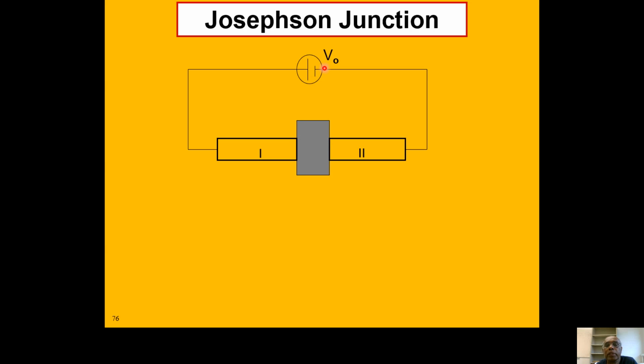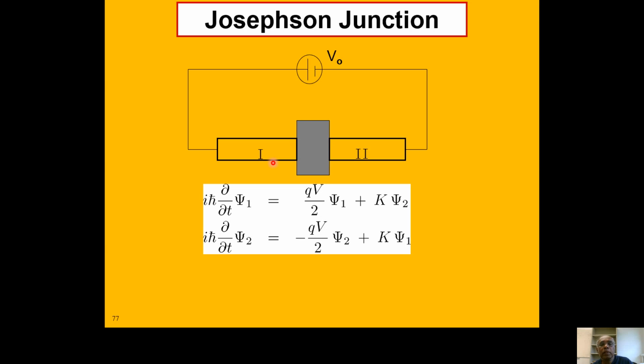Now we are going to apply some electric potential here. So then what will happen? Because you have an order parameter here, then an order parameter here, you can have the mixing of the two order parameters, right? So that will basically allow some of these Cooper pair charges to tunnel through the barrier.